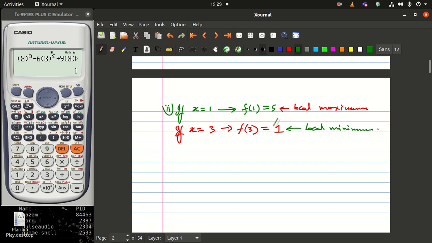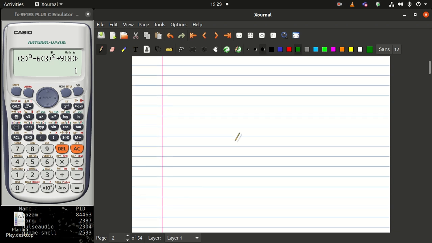We just wanted to find this. Is it a local min? Is it a local max? The same thing for this particular point. So that is what you actually say: at x is equal to 1, we are having a local maximum, and at x is equal to 3, we're having a local minimum. That is what was expected in this particular question.